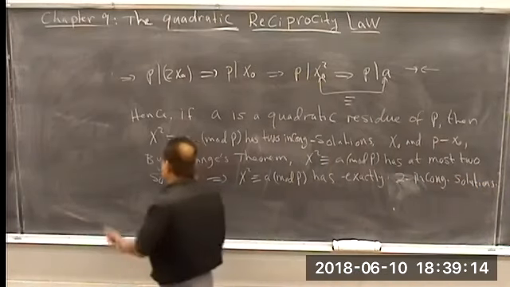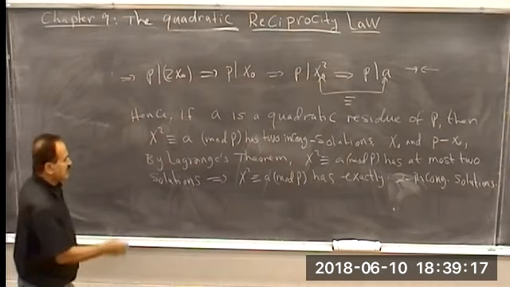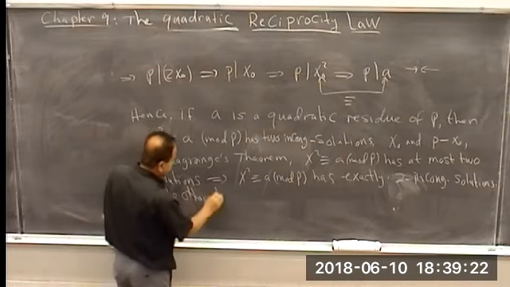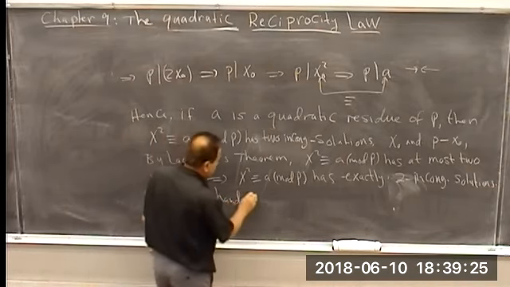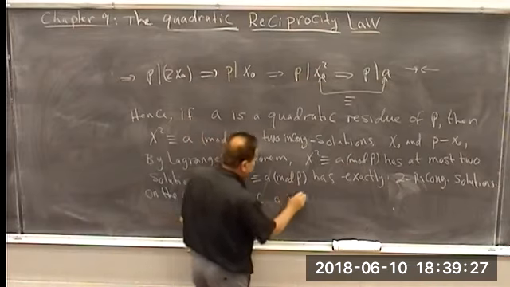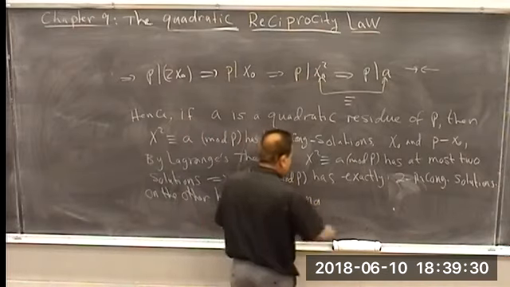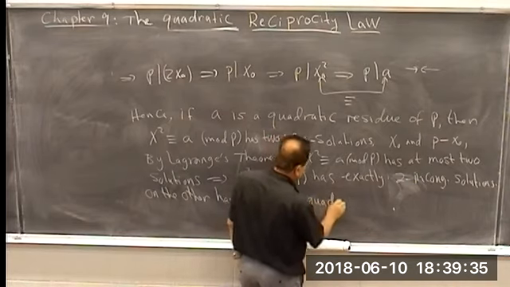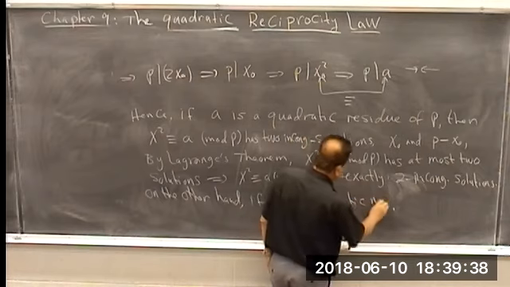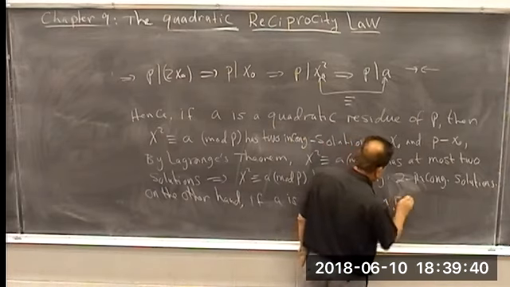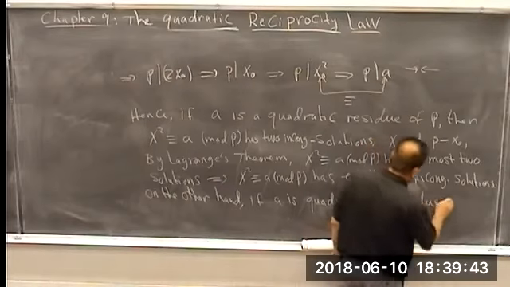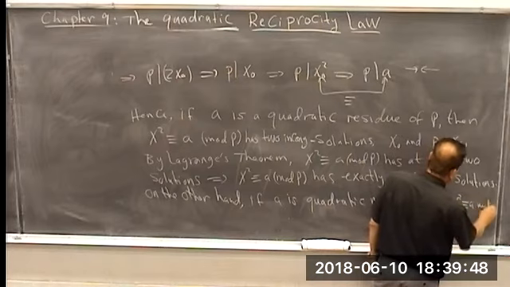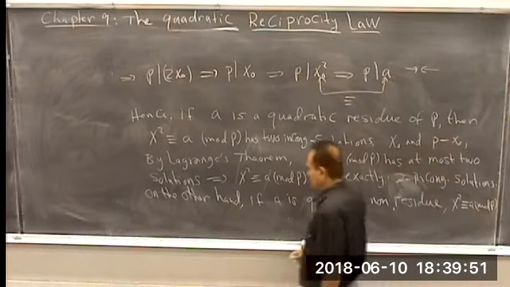On the other hand, if it is not, then we have no solution. If a is a quadratic non-residue, x squared congruent to a mod p has no solution.